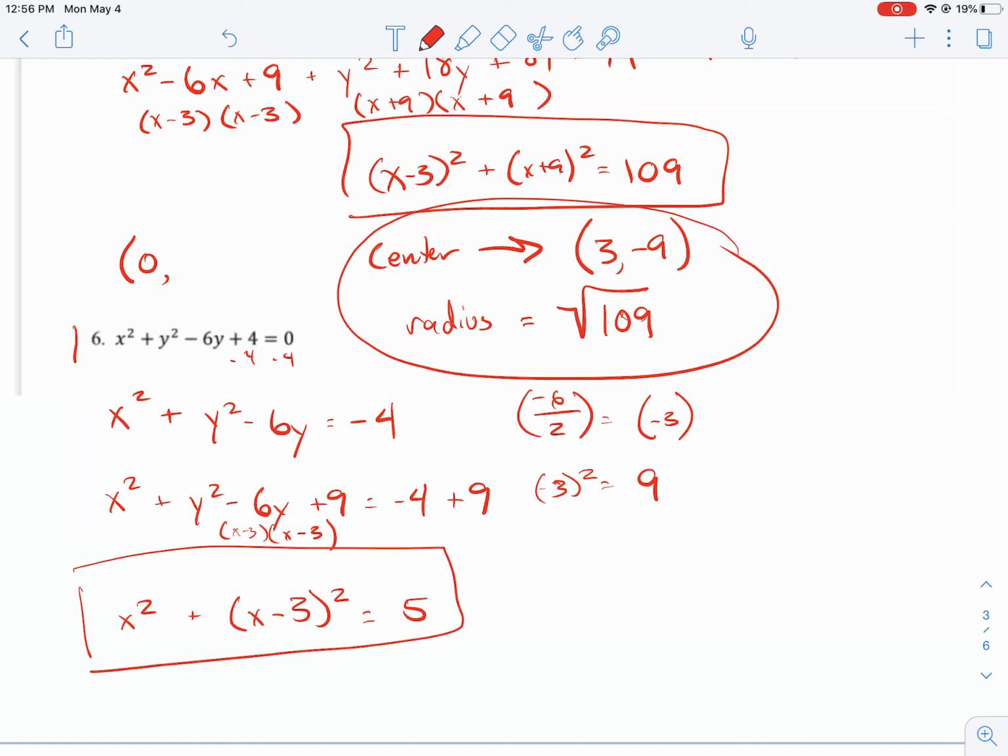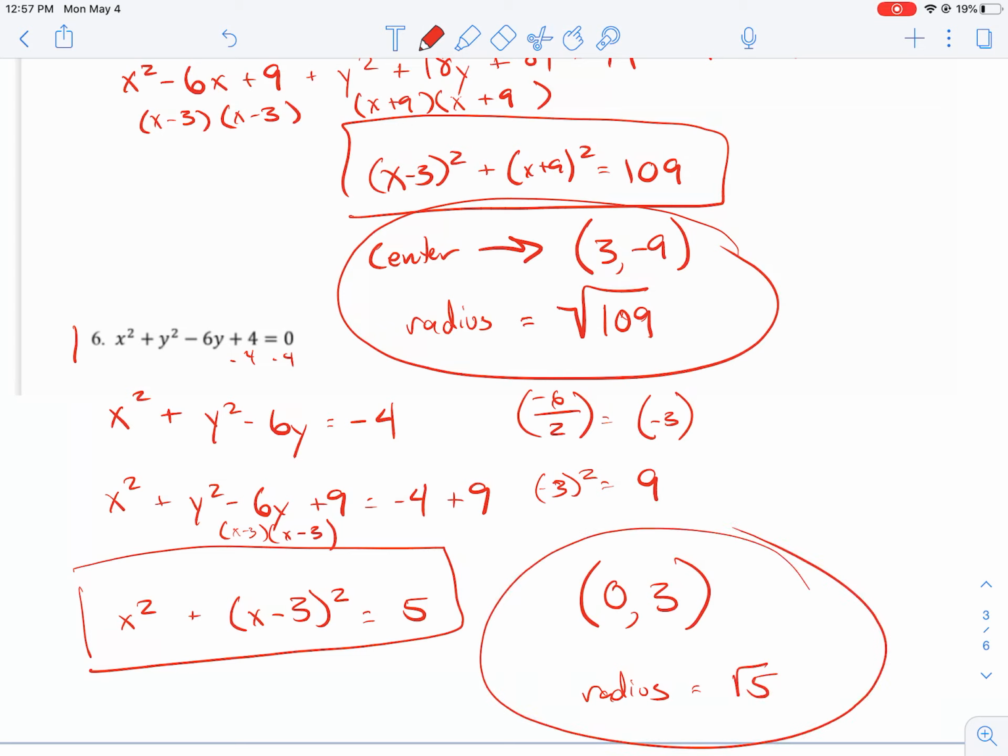And then here is our equation. So our point, our center, is going to be 0, 3. And our radius, take the square root of that 5, it's going to be the square root of 5.